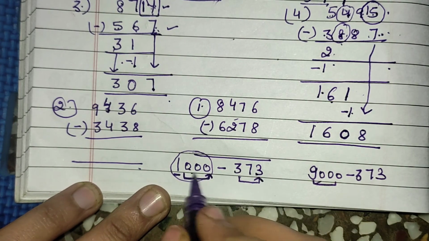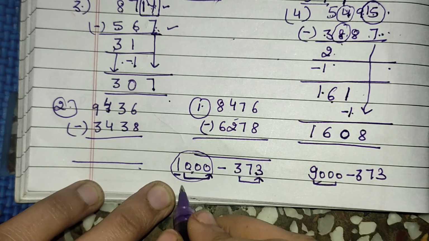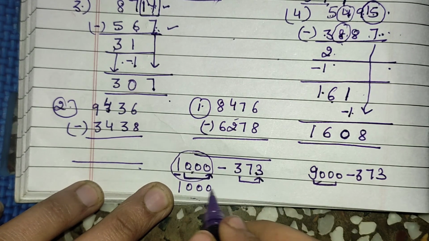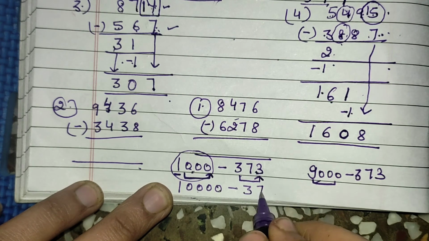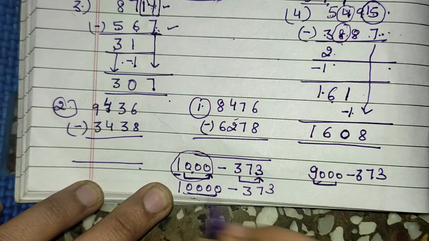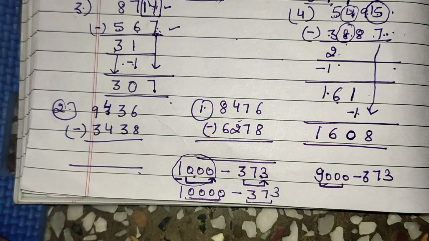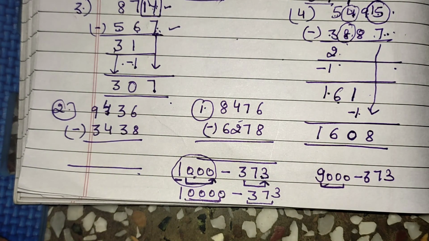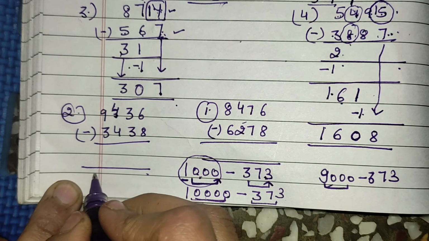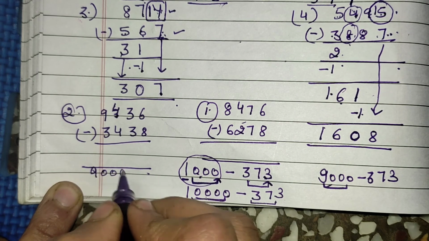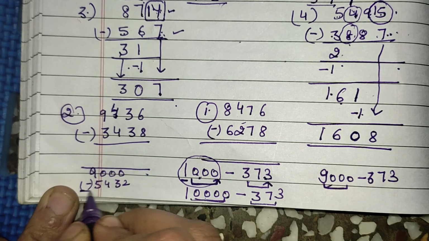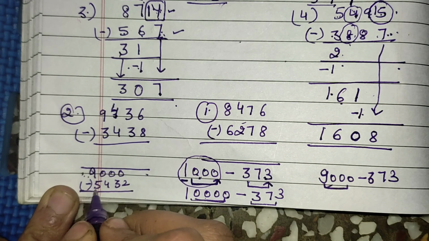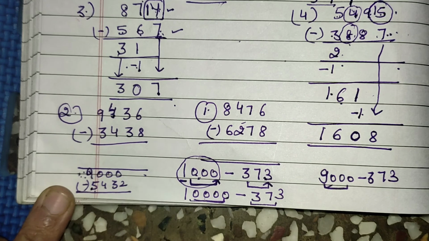In this case, the number of zeros and the number of digits were equal. Or we did some questions in which the number of zeros is greater and the number of digits is less. So in the next video we will learn how to do questions in which the number of digits in the upper number is equal to the number of digits in the smaller number.